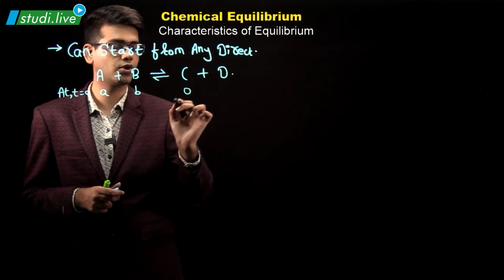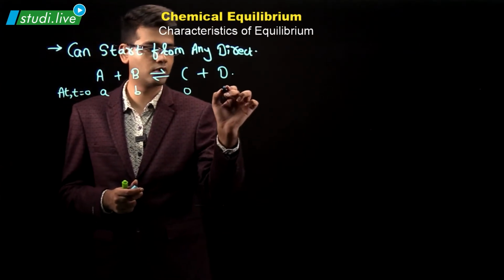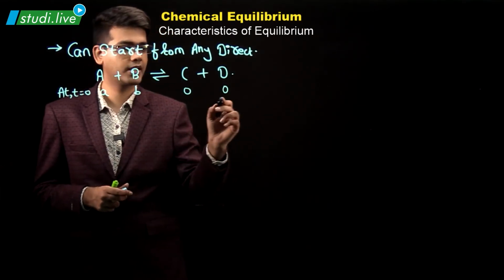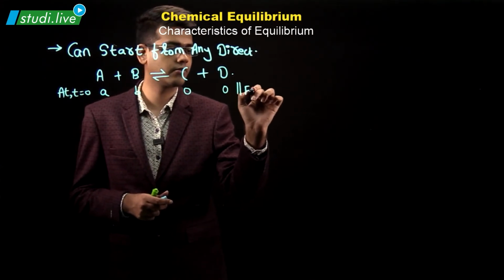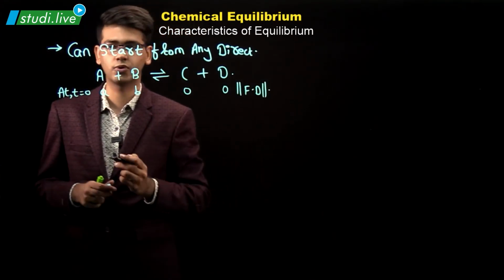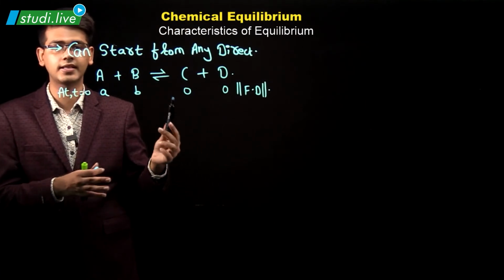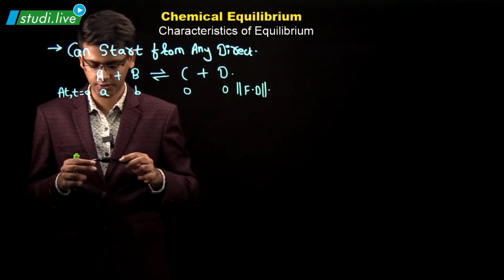Initially at t equal to 0, no moles of C and no moles of D will be present. We can say that this is nothing but starting in the forward direction. Whenever the reaction proceeds from left hand side to right hand side, it is always the forward direction.